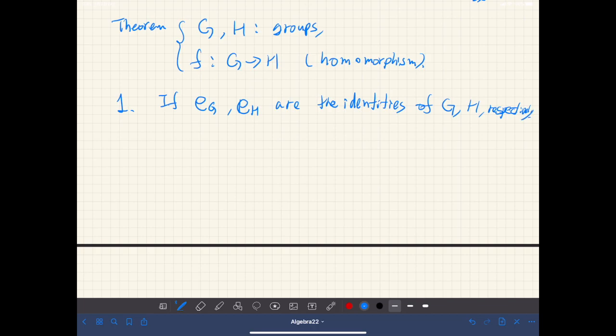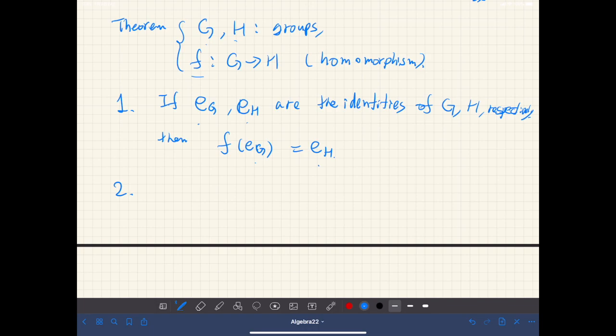You know, G and H are different groups, so they have different identity elements. Then we have F of EG is equal to EH. So this means the identity element in G is mapped to the identity element of H by the homomorphism F.